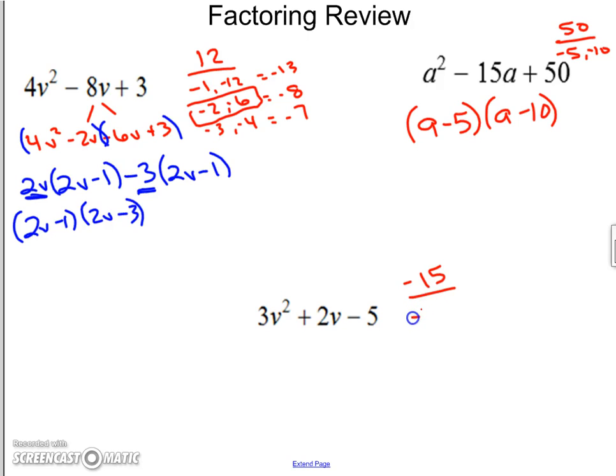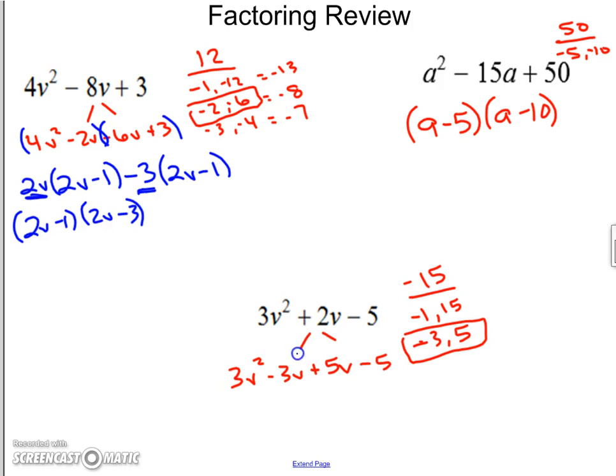So I'm going to go a negative 1, positive 15, negative 3, positive 5. I need to end up with a positive 2, so these would be my factors, a negative 3v and a 5v. So now I break down this B term to get 3v squared minus 3v plus 5v minus 5.